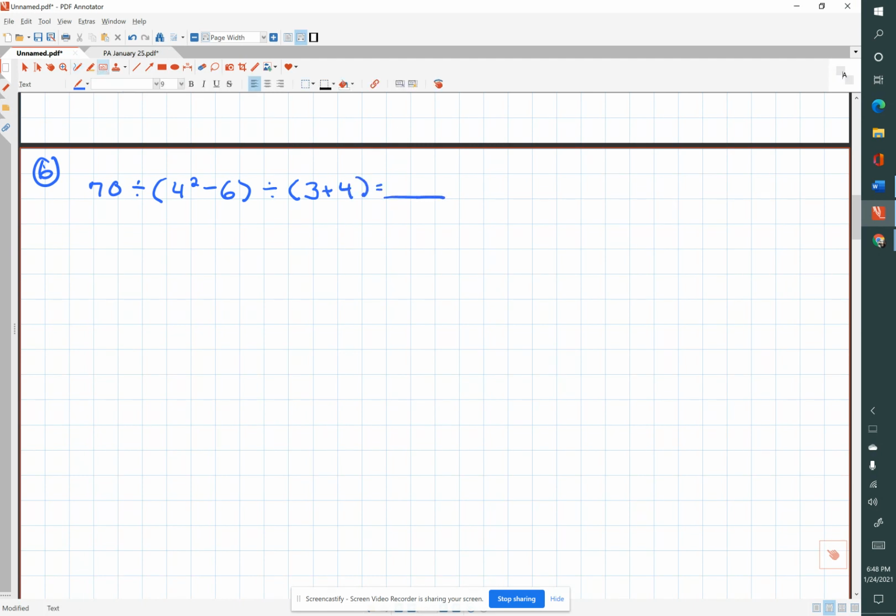So we need to start within parentheses first, the grouping symbols. So we have an exponent inside the parentheses, so we'll start there. 70 divided by the quantity of 4 squared is 4 times 4, which is 16.